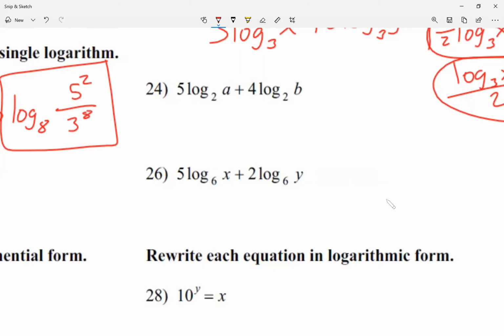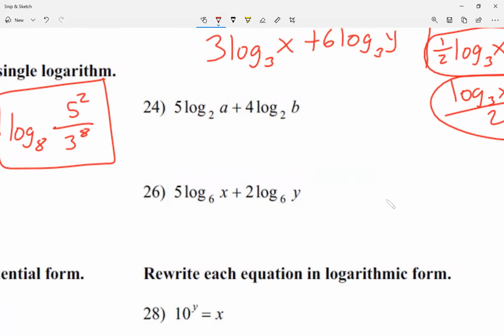Okay, let's come back here to number 24. To begin with, I'm going to do the number in front of the log. I'm going to bring it out as an exponent. So I'm going to do log base 2 of a to the 5th plus log base 2 of b to the 4th. Have the same log, right?